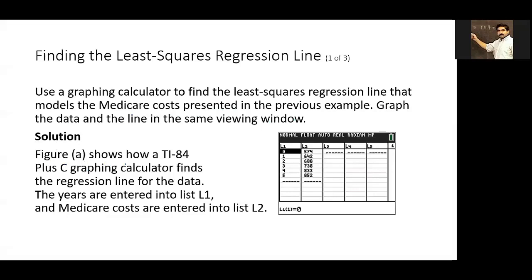So for part A, we show how a TI-84 Plus graphing calculator finds the regression line for the data. The years are entered into list L1, and Medicare costs are entered in list L2. So you need to enter the data here in the L1 and L2 columns.